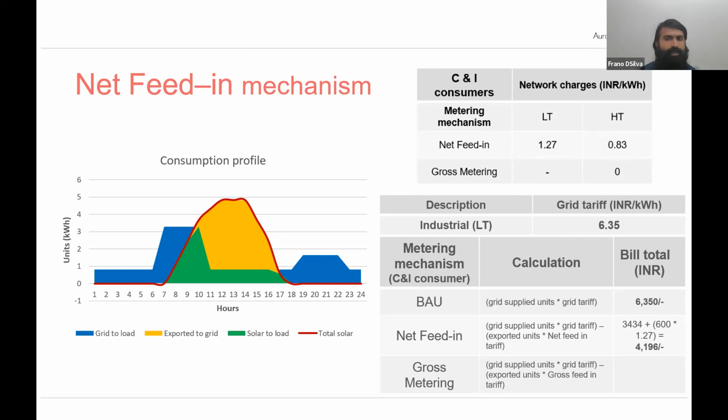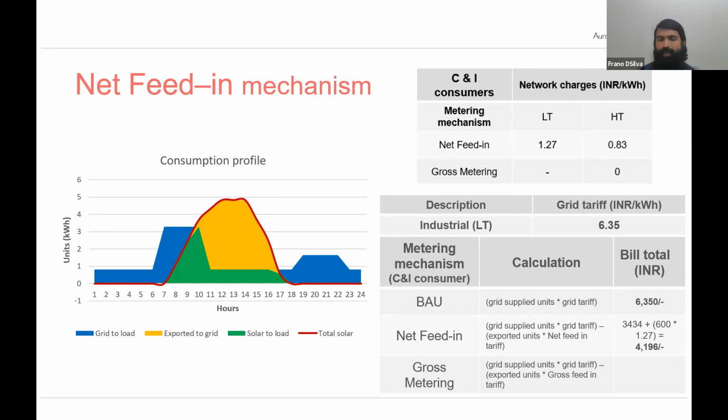If you remember, in net feed-in, 50% of the energy was taken to satisfy the consumption pattern of the user, and 50% was exported to the grid. However, the network charge is calculated on the gross generation of your solar energy system. Hence, while calculating network charge, we have to take into consideration the whole generation from your system and apply that to our bill till now.